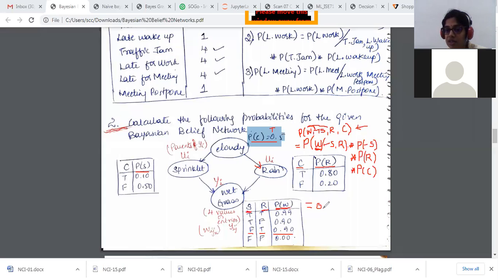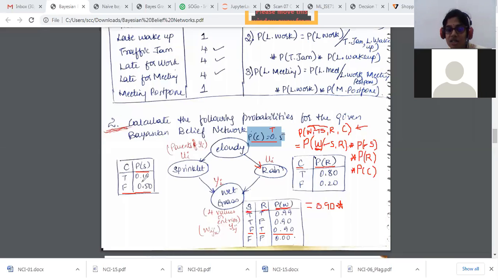So it's 0.90 into probability of negation of S. This is probability of S, 0.50. The negation of S is 0.5.